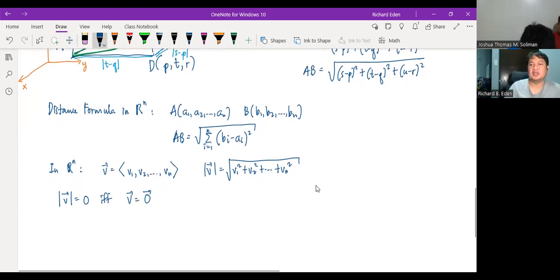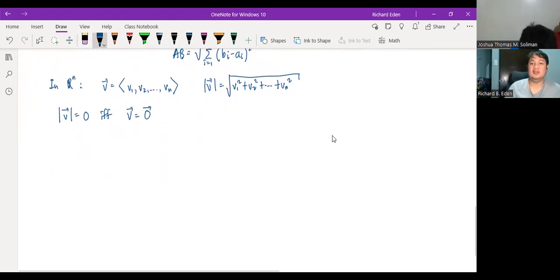All right. This formula is actually also what leads to the equation of a sphere.